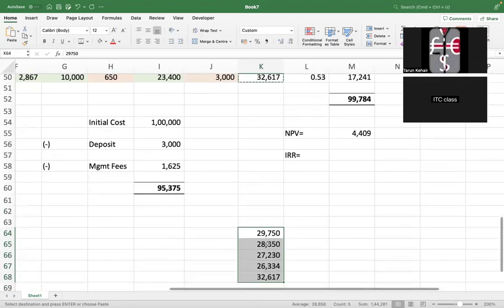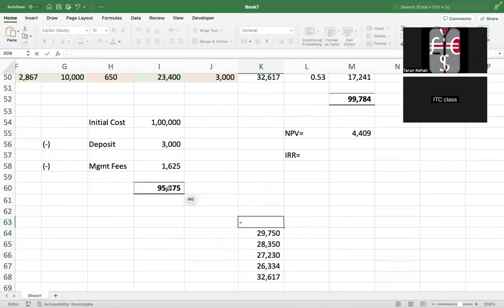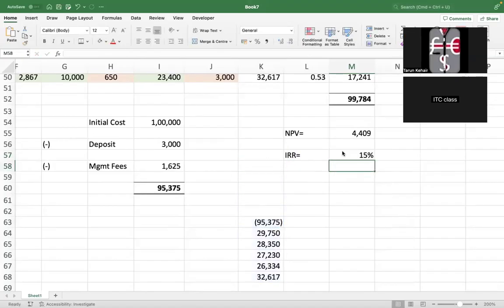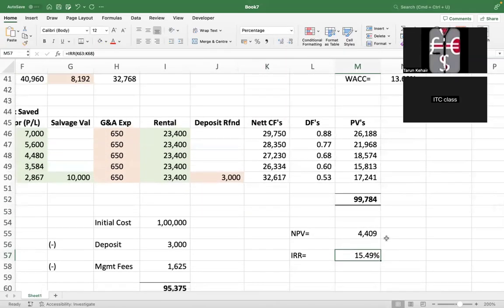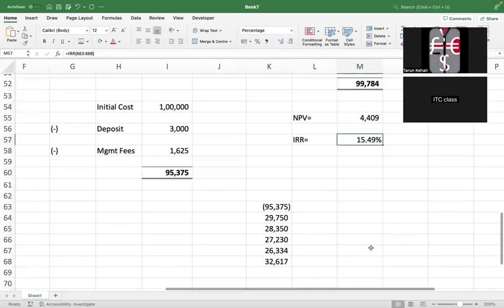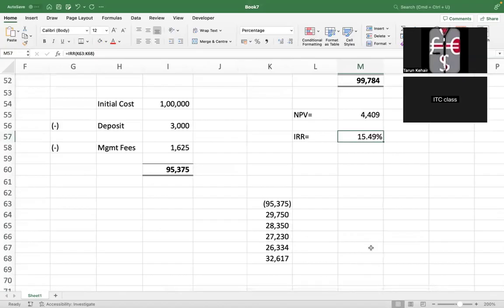And similarly, upper, you just have to add the cash outlay. That's it. So you can get your IRR is equal to IRR and just take these cash flows. That's all. And you will get your IRR, which is 15.49%. पहला वाला नेगेटिव क्यों रखा है मैंने? Because वो outflow. So outflows are always negative and inflows are always positive.